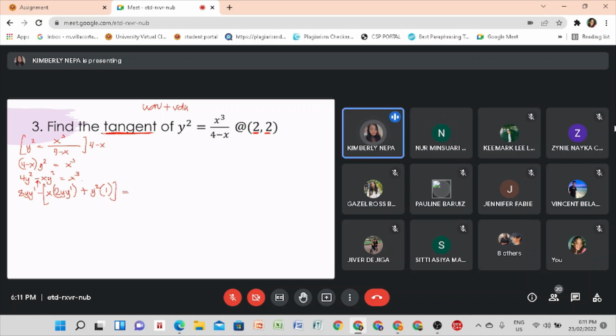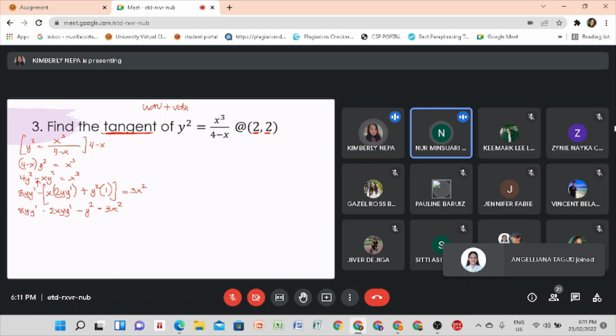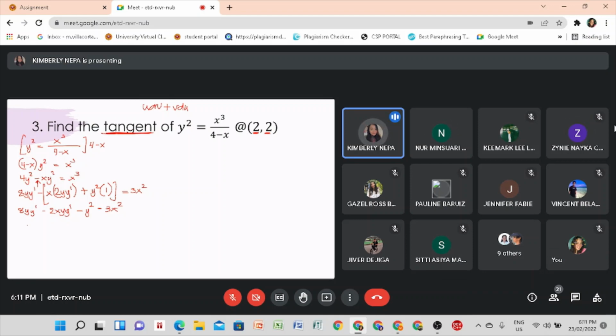Okay, how about the x cubed? 3x squared po. Okay, simplifying, we have 8y y prime minus 2xy y prime minus y squared is equivalent to 3x squared. Right? Are we still on track? Everyone still following? Yes po. Okay, let's isolate the terms with y prime. So here 8y, correct?